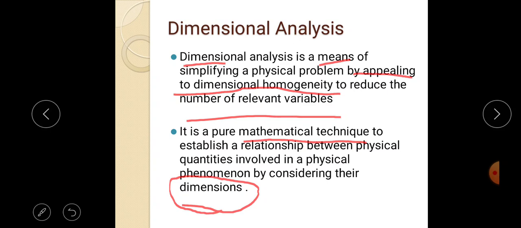To describe in a nutshell, the object of dimensional analysis is to reduce the number of parameters in a problem. Why do we do so? For ease of calculation and experimental economy.